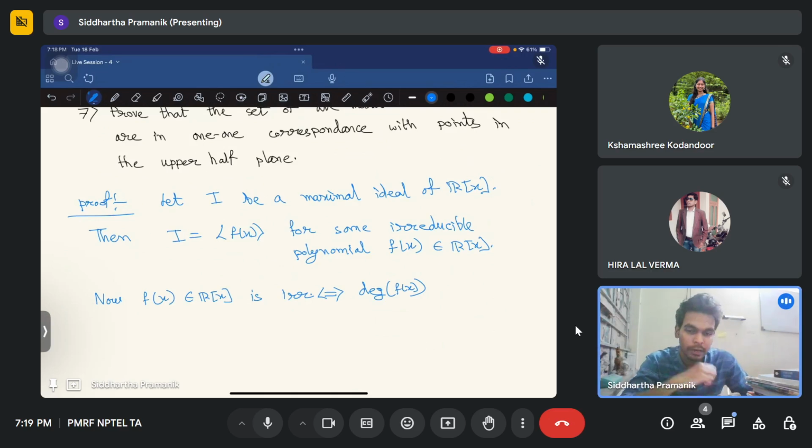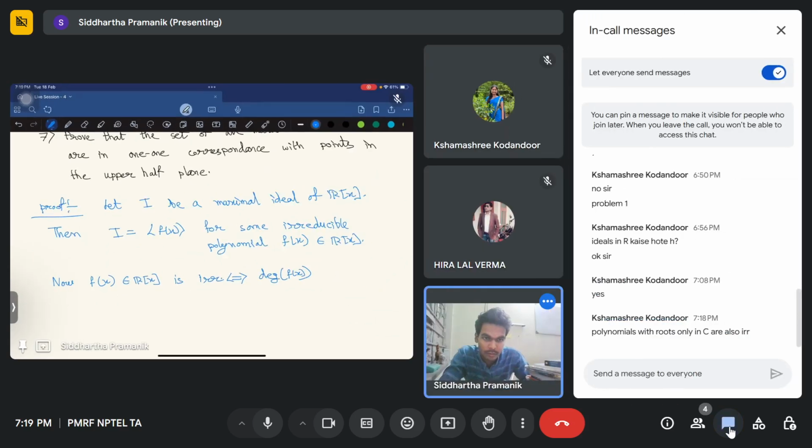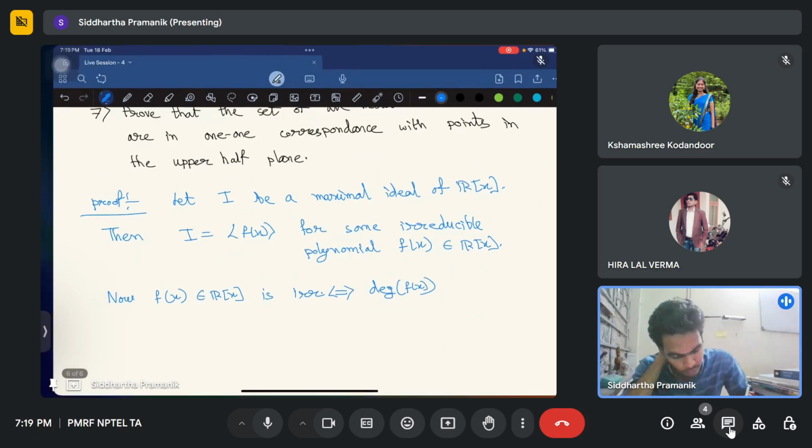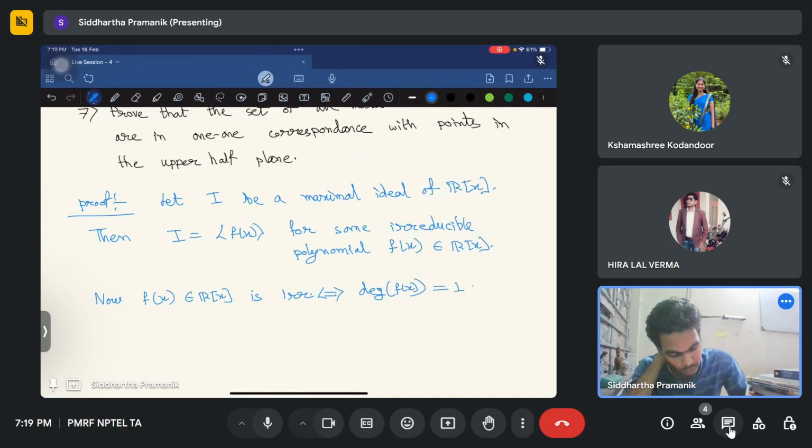Yes, you are correct. But can you say about the degree of those polynomials? So f(x) in R[x] is irreducible if and only if the degree of f(x) is 1 or 2. There cannot be others.